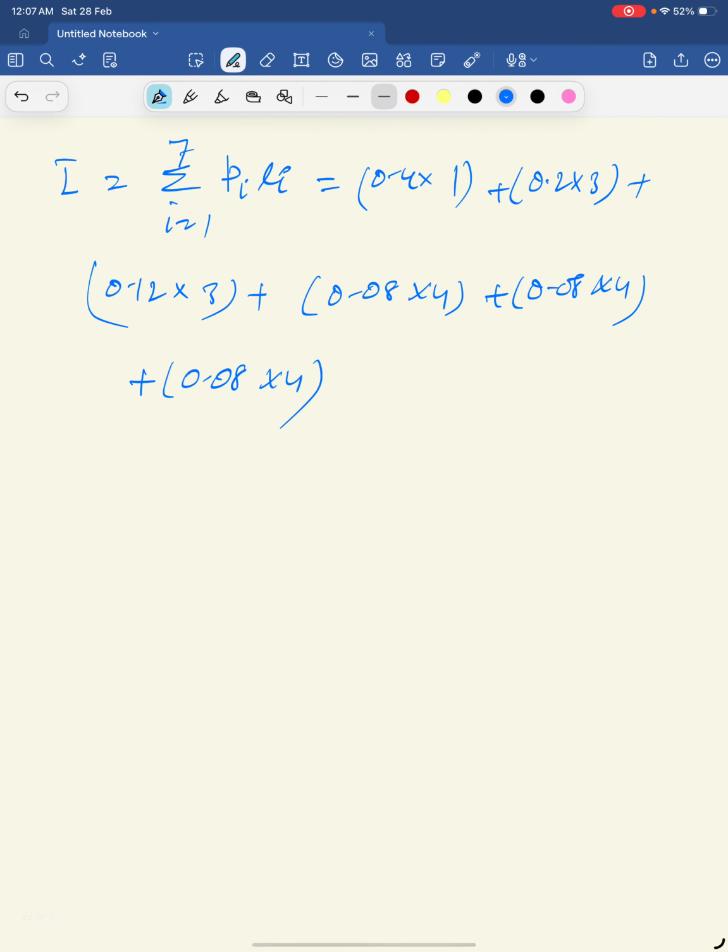The last one is 0.04, that is also 4. So together it will give you 2.48 letters per message.